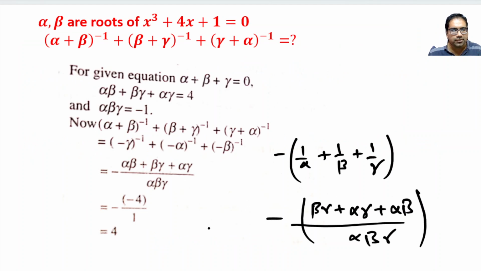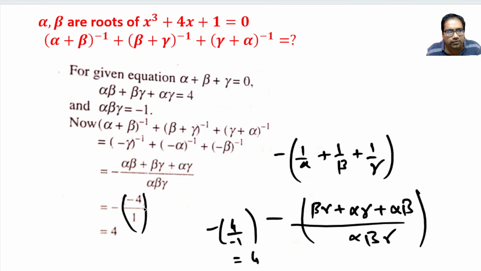So we have minus of 4 by alpha beta gamma. The product alpha beta gamma is minus 1, which we have already decided. So minus 4 by minus 1, which is equal to 4. Please note that this is actually minus 4 by 1 or 4 by minus 1; it doesn't matter, both are the same. So the final answer is 4.